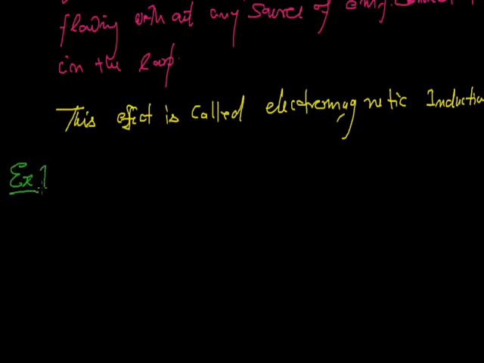Example 1. This is a closed loop and a galvanometer is placed in the loop. A magnet is placed here, north and south.